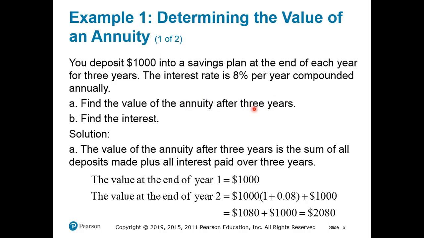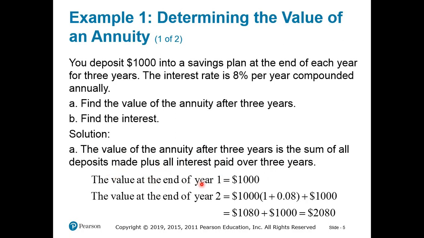So the way we do this is, the value after 3 years is going to be the sum of all of the deposits made plus all of the interest paid over the 3 years.